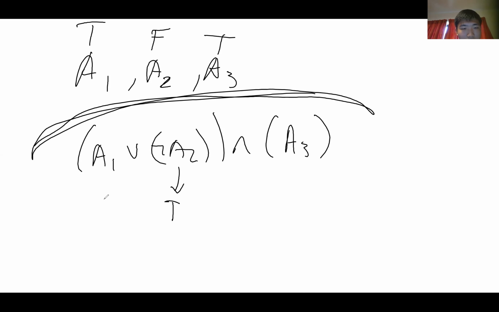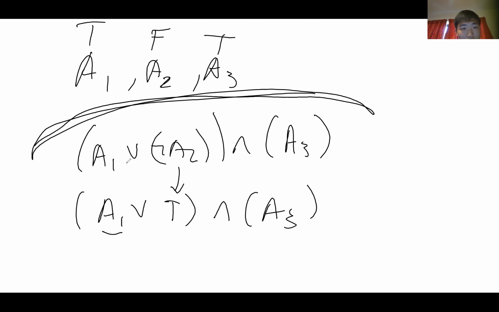So you start off evaluating the innermost parentheses and just move outwards. A2 is false, so not A2 must be true. So it's A1 or a true statement, and A3.